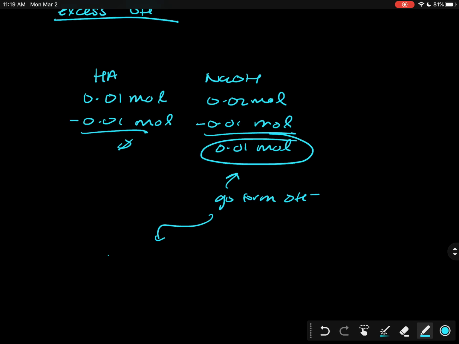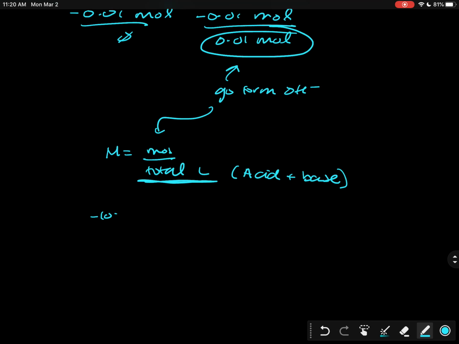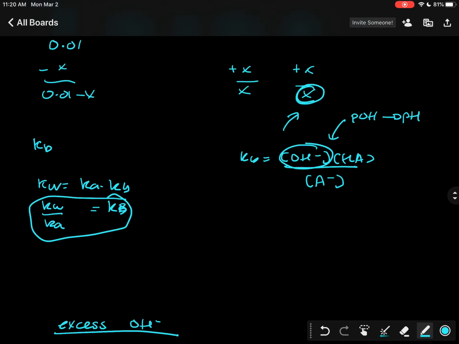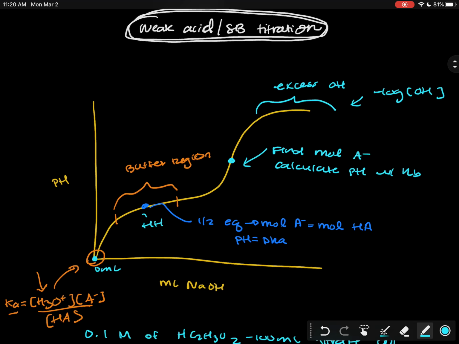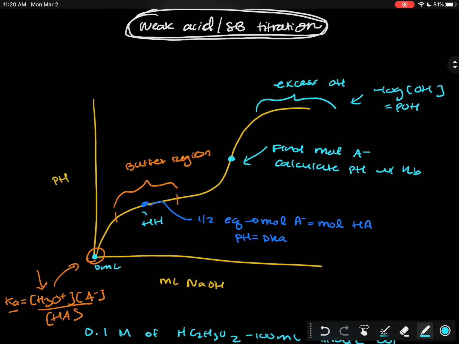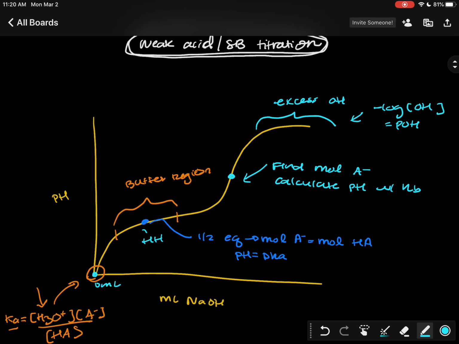We'll just do molarity equals moles divided by total liters. Remember, you have to add the acid plus base liters. Then you can do the negative log of OH to find pOH and then find pH. This is probably the most simple one. If we're in this part of the graph, we can just do the normal negative log of OH concentration equals pOH.